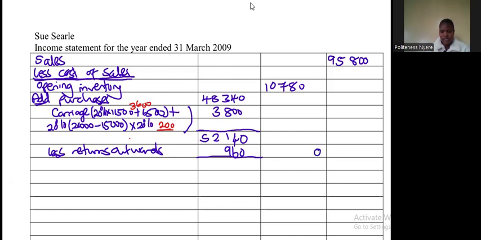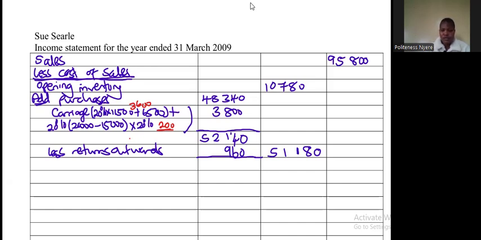14 minus 6, that's 8. And 11 minus 10, that's going to be 1. So we have 51,180. That is our answer there, 51,180.